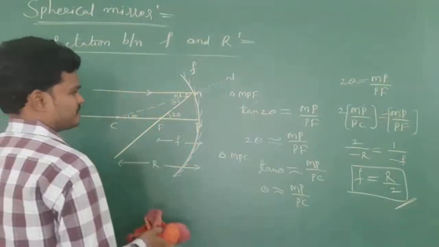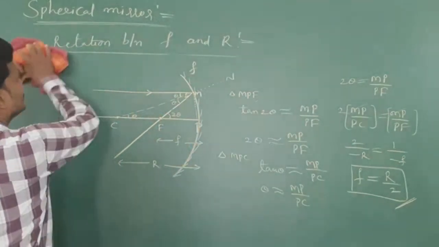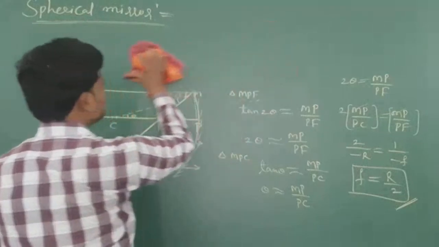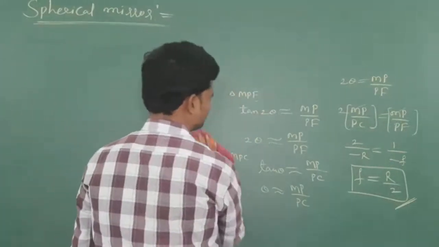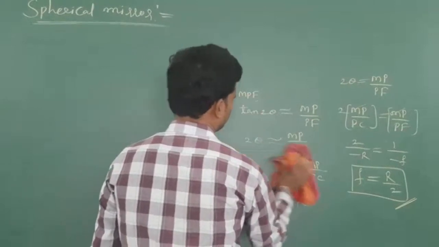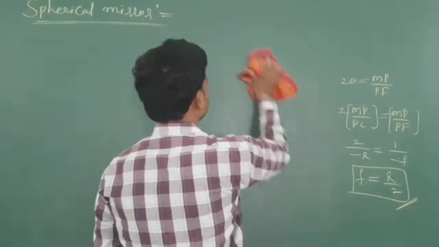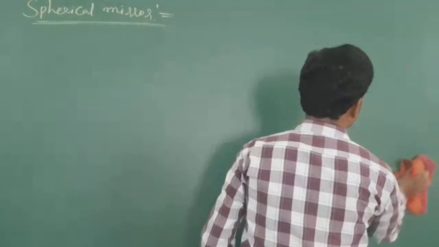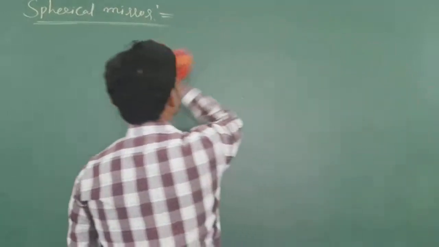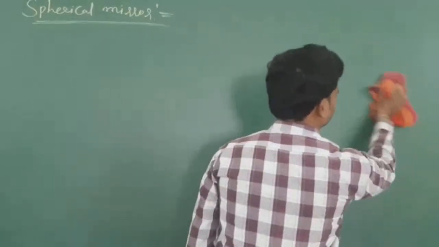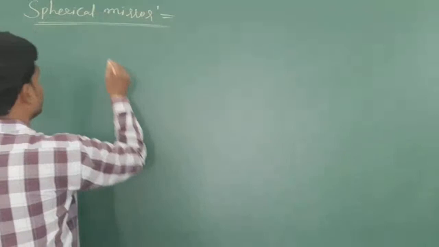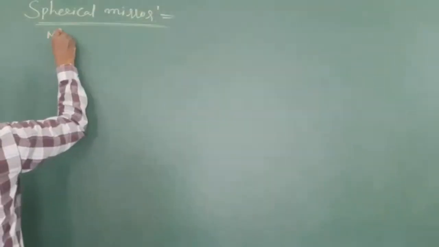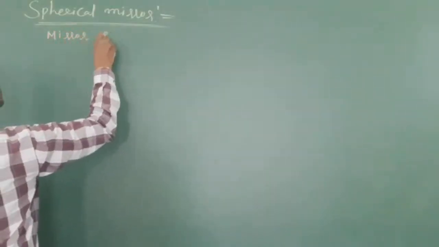NCERT derivations. Write down one more heading: a relation between u, v, f for a spherical mirror, or we can also call it the mirror equation.